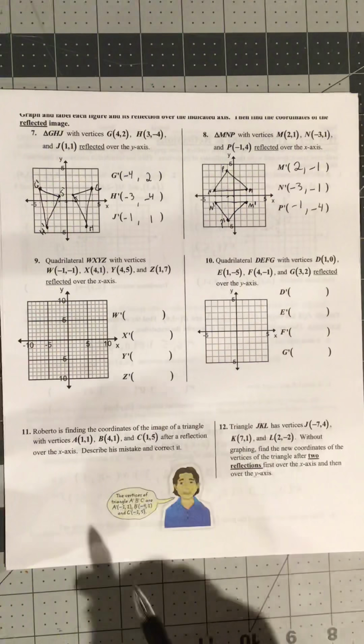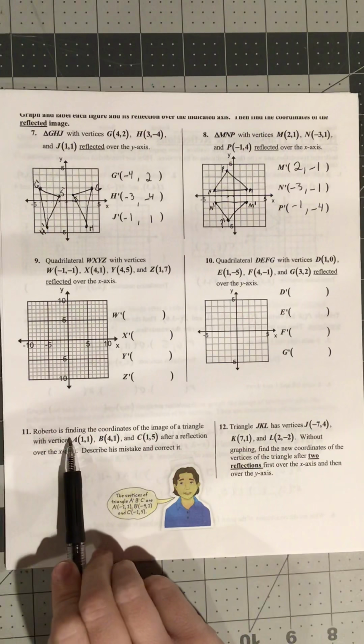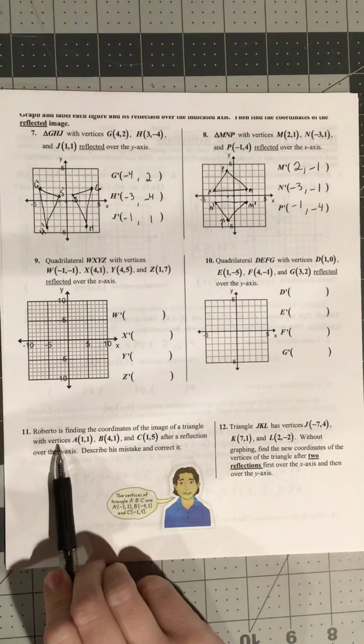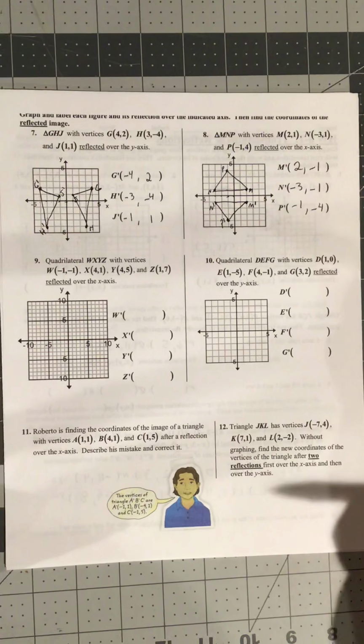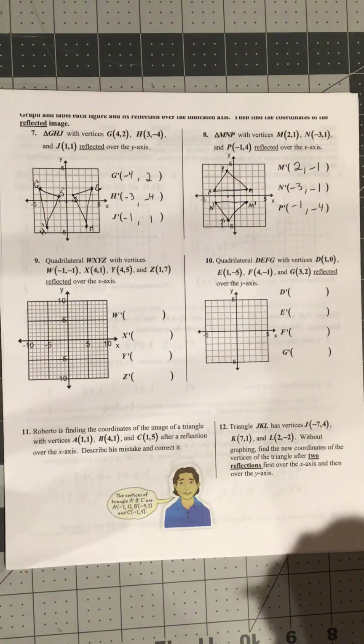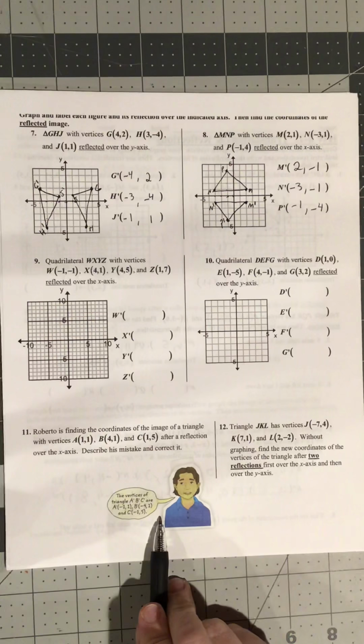So let's look at this problem down here. This says that Roberto is finding the coordinates of the image of a triangle with the vertices 1, 1, 4, 1, and 1, 5 after reflection over the x-axis. We need to describe his mistake and correct it. So if we're looking right here, this is what he's saying.